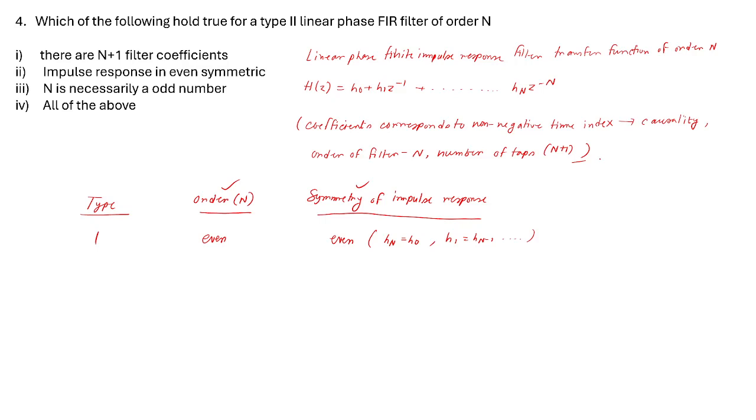That's what it means. So this is type 1. If we move to type 2, the order becomes odd, but the symmetry however remains even, therefore this property is still satisfied. For type 3, the order is even but the symmetry becomes odd, or in other words antisymmetric.